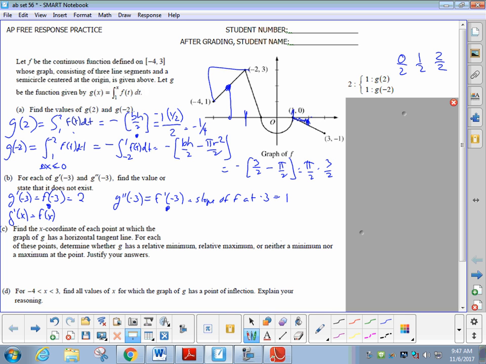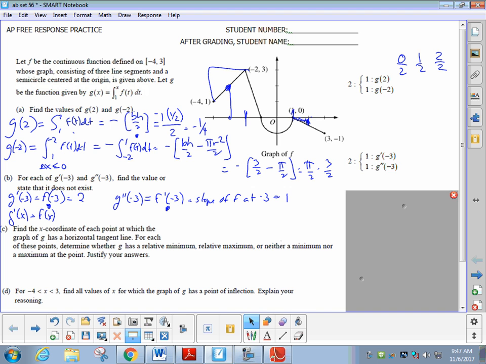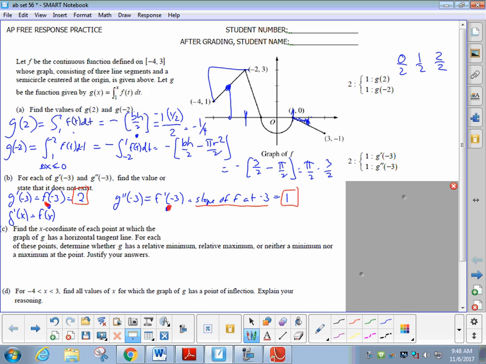Okay, so here's the grading. It was 1 point for each, but this time they did require work. You had to have connected G prime to F somewhere in your work and get 2. If you did not have both of those, you do not earn that point. For G double prime, you had to connect G double prime to F prime in some fashion. This is gravy. To me, this is good work. But I don't think they would grade for it, and the answer had to be 1.